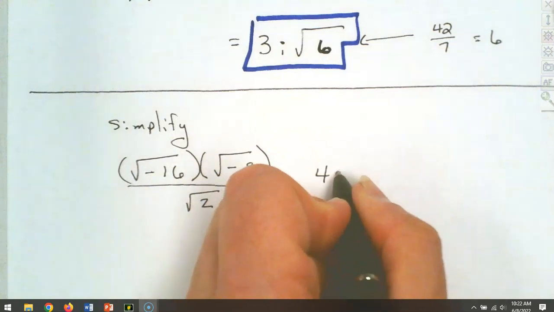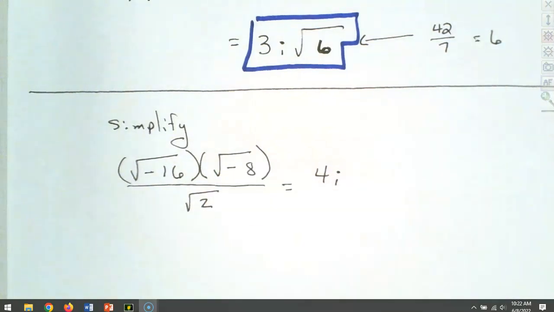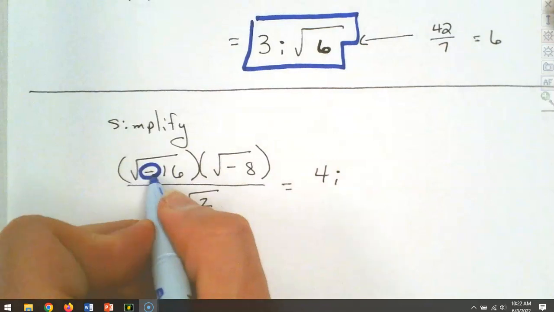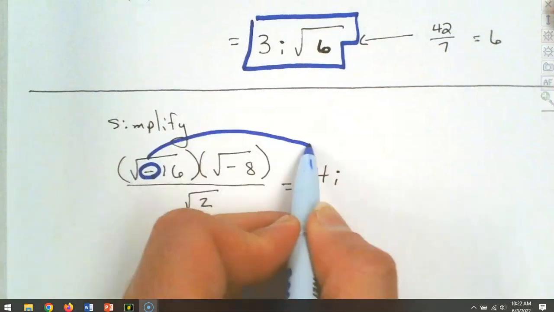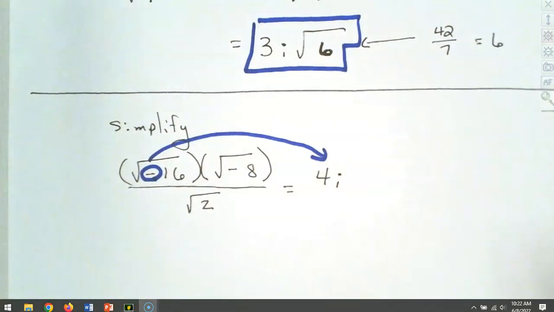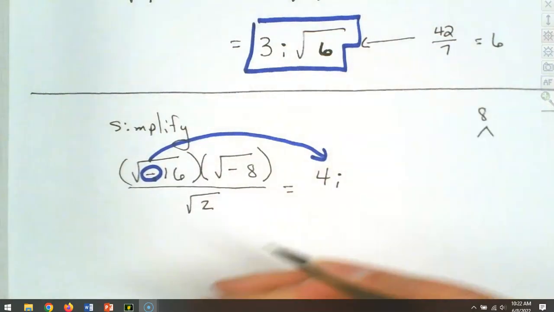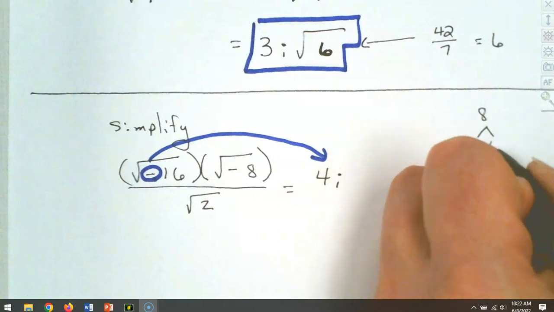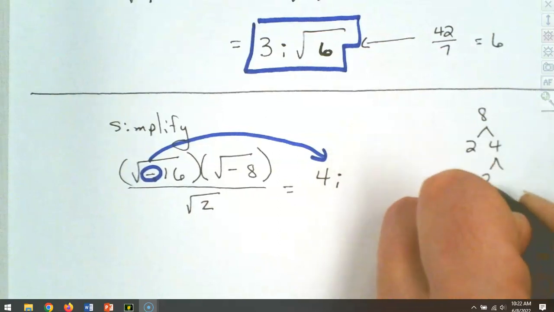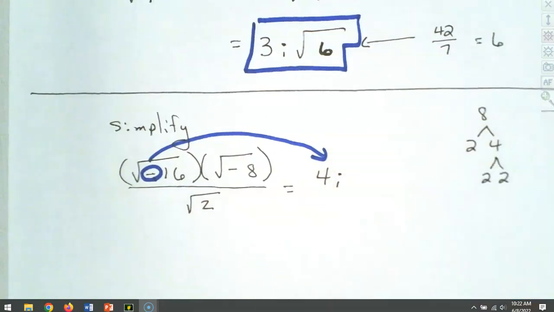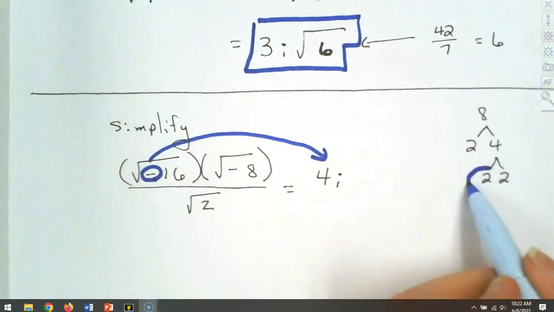It has a negative, right? So that negative here, that's going to come out as an i. What about 8? Well, 8 can be broken down, and that's going to be 2 and 4, and then 2 and 2. So that's going to come out as a 2.